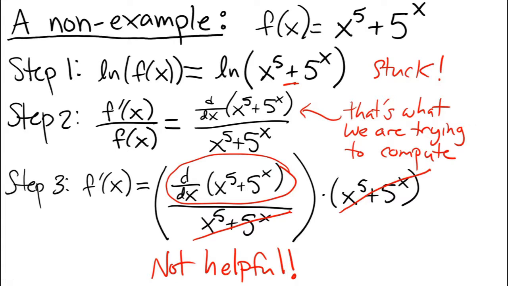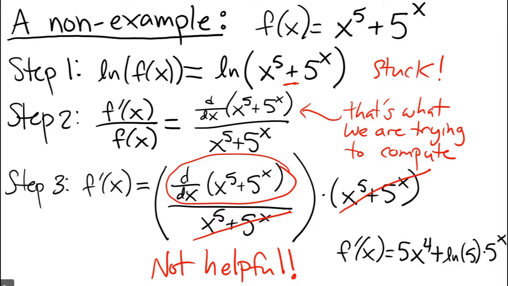If you wanted to actually compute the derivative of f of x in this case, what you should do is take the derivative of each term. We know what the derivative of x to the 5 is, and earlier in 3.9 we learned what the derivative of 5 to the x is.